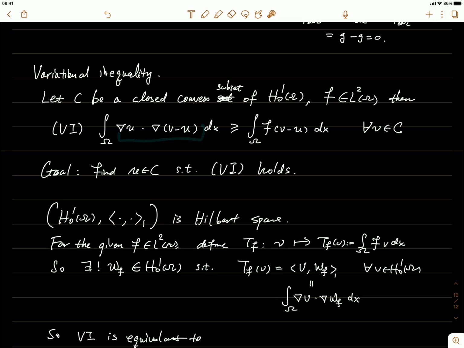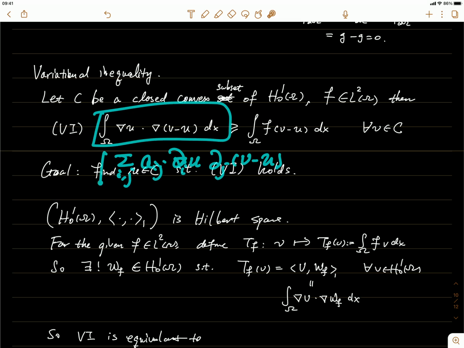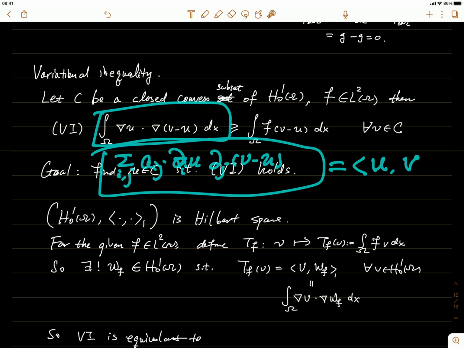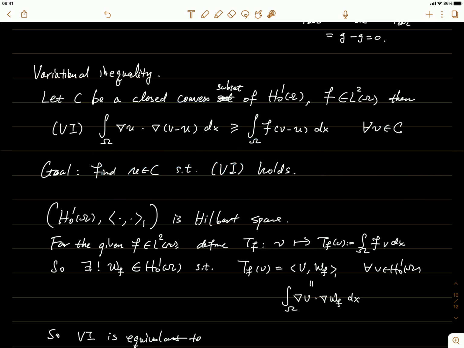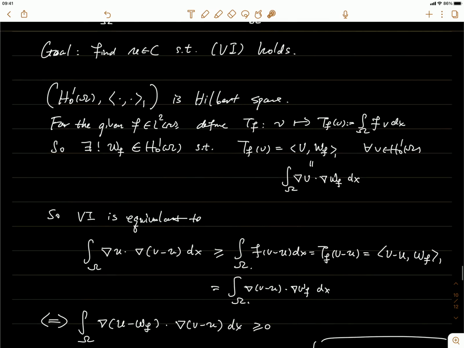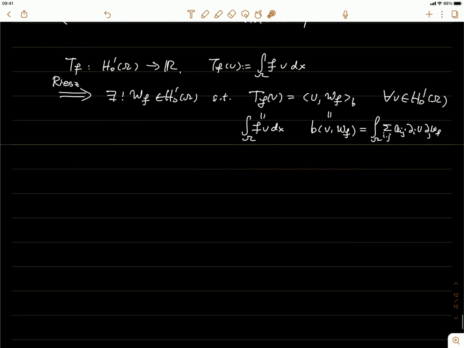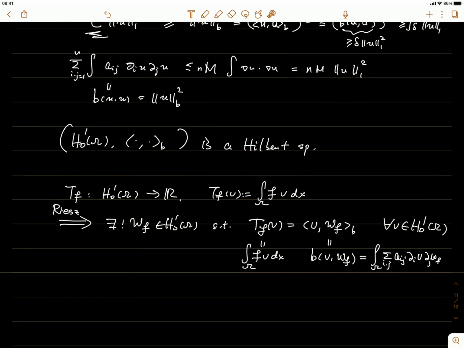Instead of having that, we can consider the sum over i, j of a_ij, d_i u, d_j of (v minus u). We can replace the left-hand side by that, and this is essentially just equal to the B inner product of u and v minus u. And we can show the existence and uniqueness of a solution to this variational inequality. The idea is just the same as before. Okay, so that is a very powerful application of the Riesz representation theorem.